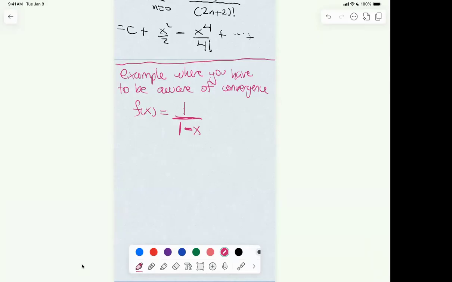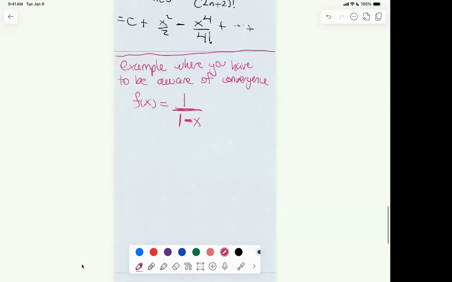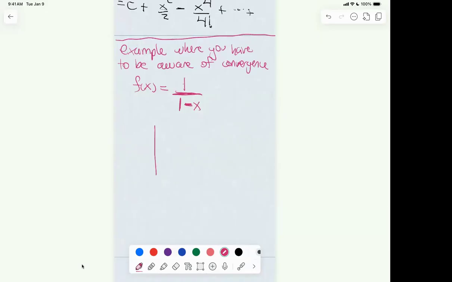The only thing that really matters to remember here is that it has a vertical asymptote at x equals 1, so x equals 1 is kind of a dangerous number.